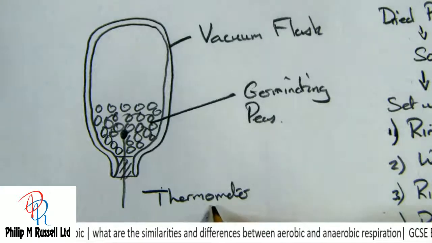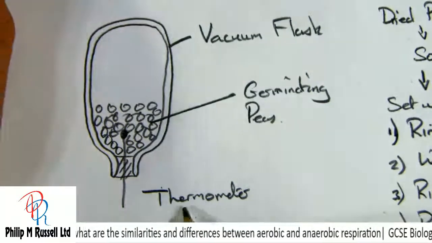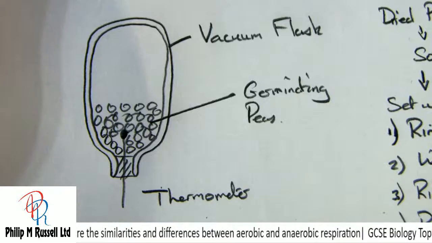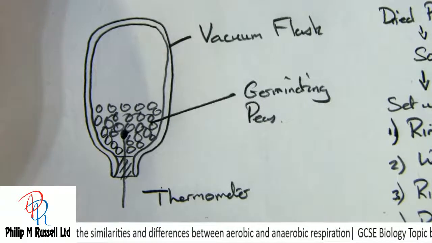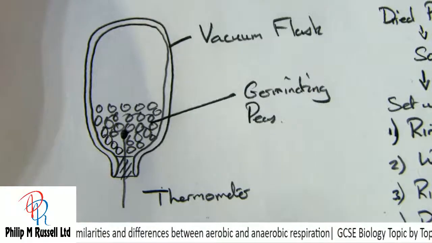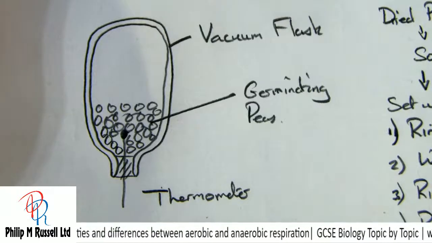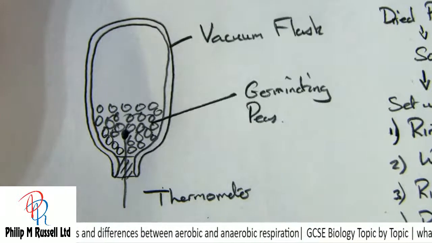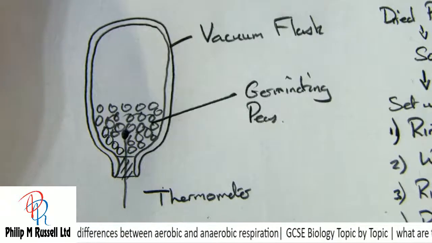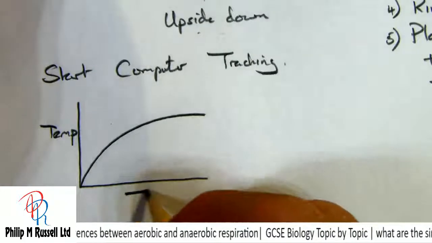And then this thermometer, I'd have a digital thermometer connected to my computer, and then here we would start the computer tracking, and what we should see then is over a period of time the temperature will go up, looking something like this.